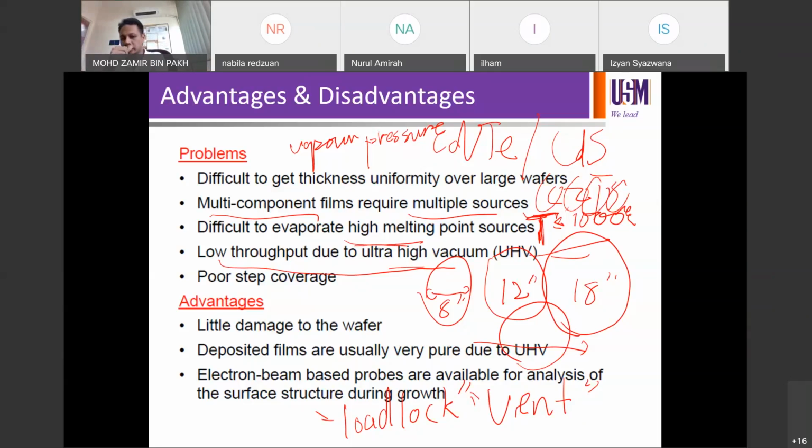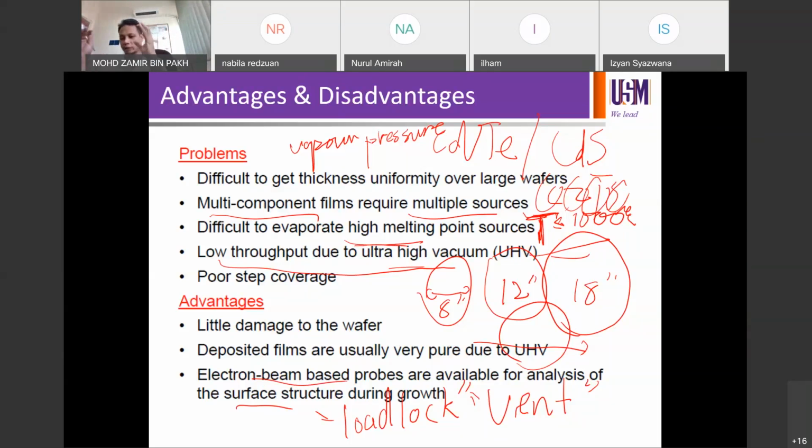Electron beam based probes are available for analysis of surface structure during growth. You can also do film analysis during the growth process. So as you do the deposition, you can have a system where you can monitor the evolution of the film properties as the deposition goes on.